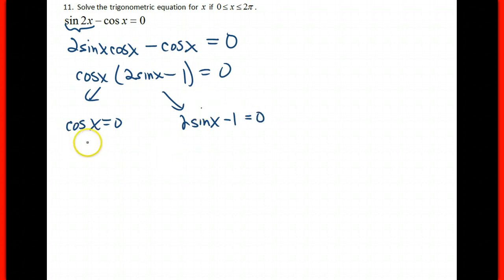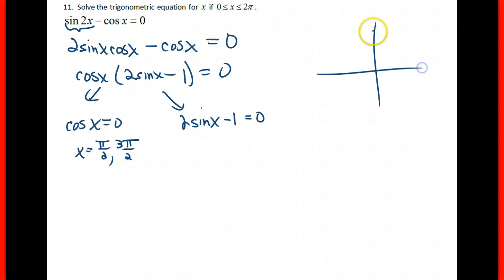So either cosine of x is 0 or 2 sine x minus 1 is 0. And so if the cosine x is 0, that means that you're at pi over 2 or at 3 pi over 2 on the unit circle.